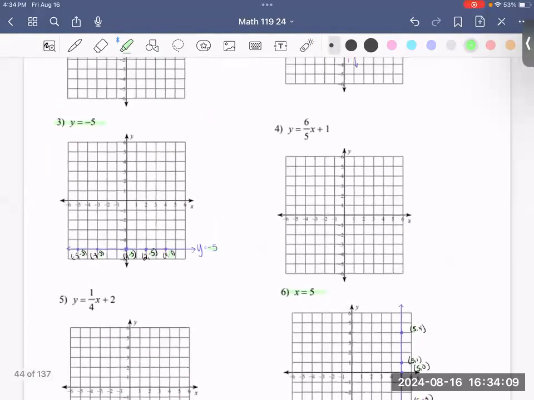Now your other ones, if you were to graph them, again, we're just starting at your y-intercept. This time we're going to go up 6, 1, 2, 3, 4, 5, 6, and over 5, 1, 2, 3, 4, 5. Now, if that goes off the page, then maybe you go in reverse. Instead, go down 6, 1, 2, 3, 4, 5, 6, and then over 5, 1, 2, 3, 4.